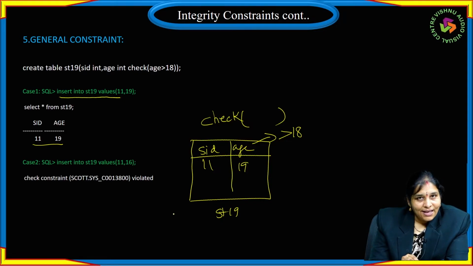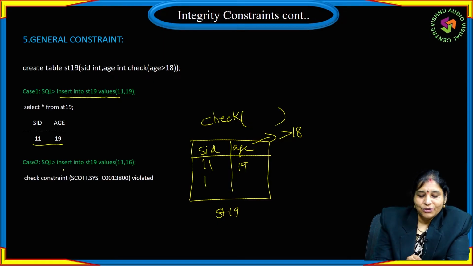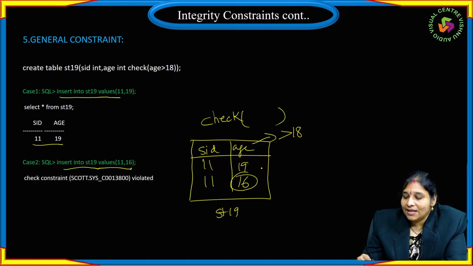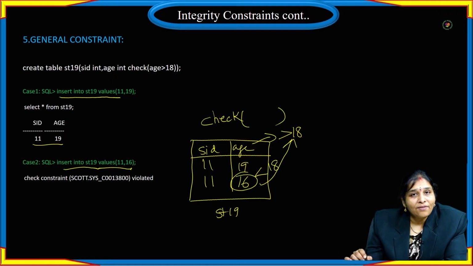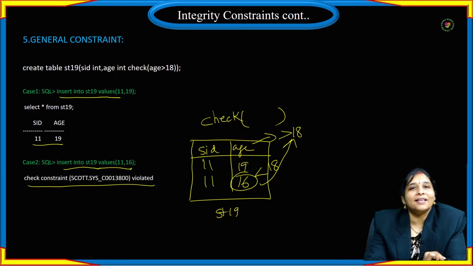Now, once again, I try to insert one more row, insert into student 19 values 11, 16. What about the age now? 16 is less than 18. Is it supporting or violating? Violating. So immediately I am going to get the result: check constraint violated.